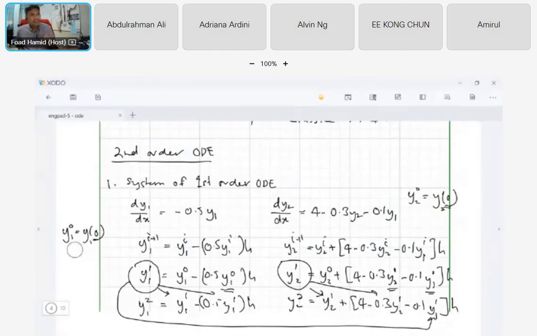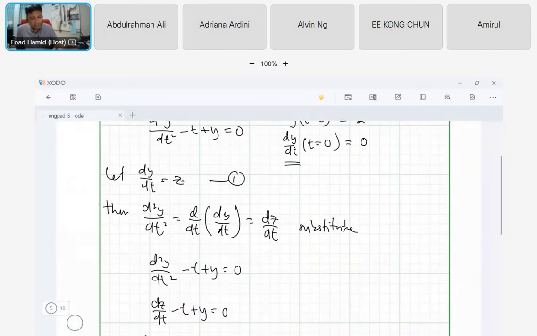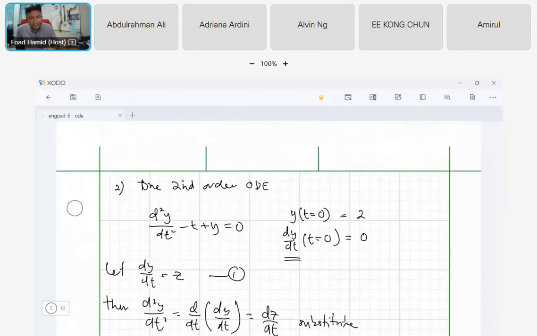So they are defined at one particular value of x. In this case, x is equal to 0. And this one is also defined at t equal to 0.